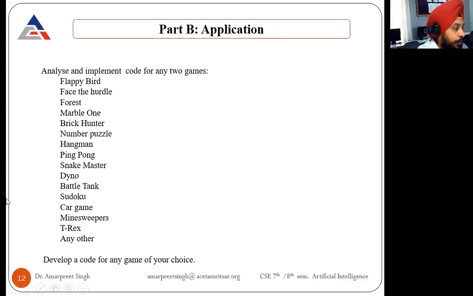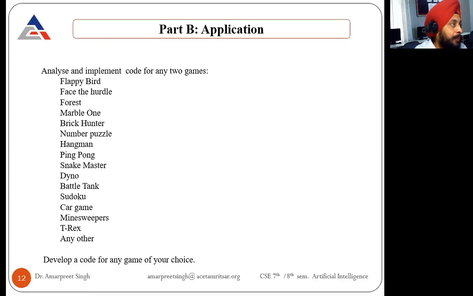I will tell you about all these games in the practical lectures. You will not do these games if you want to make a small application or mini project.